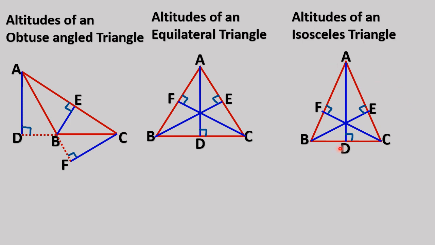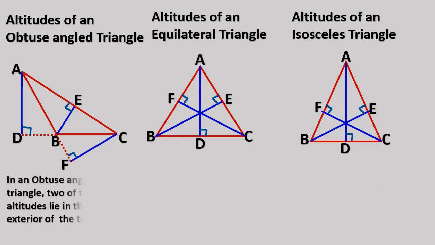Here AD, D is the midpoint of BC. That means AD is the altitude as well as the median. But BE and CF are not medians. They are altitudes only. So one of the median and altitude coincide in an isosceles triangle.